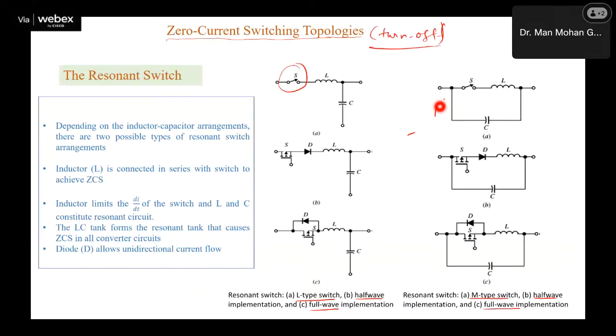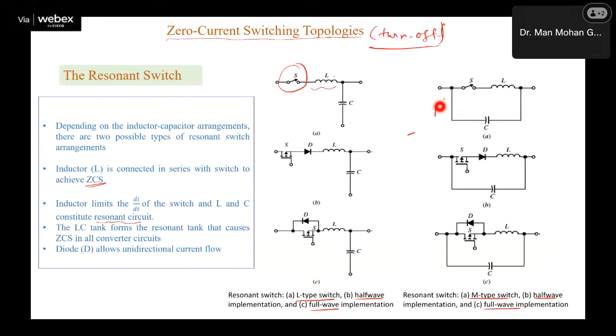Inductor L is connected in series with the switch to achieve ZCS, and the capacitor is used in parallel. The inductor limits the di/dt, and L and C constitute a resonant circuit.